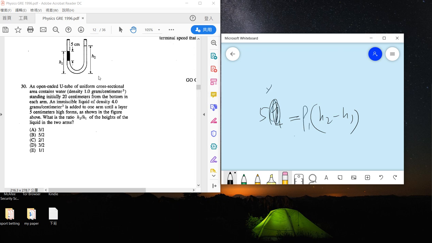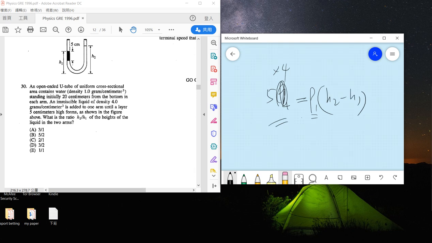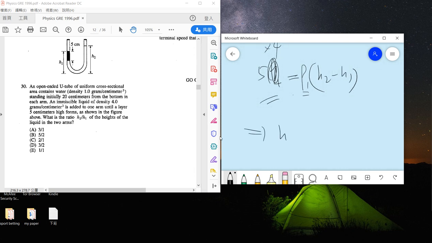This is 4, right? And rho one is 1, right? So what we got is h2 minus h1 is 20. Oh no, there should be plus 5, because h2 minus h1 is still plus 5. So it's 15.